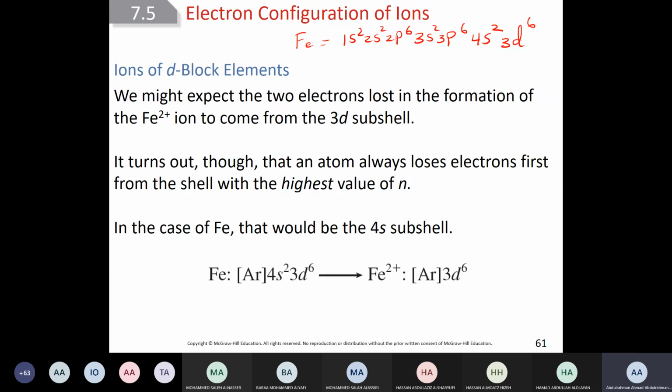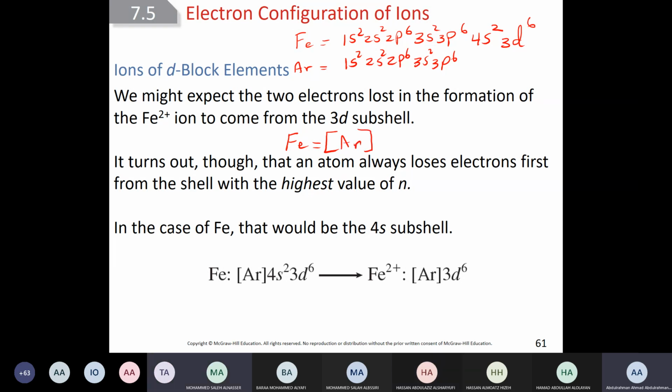Good. Next, what's the structure of argon? 1s2, 2s2, 2p6, 3s2, 3p6. Can you write the structure of Fe using argon?